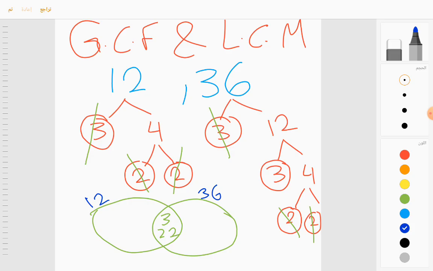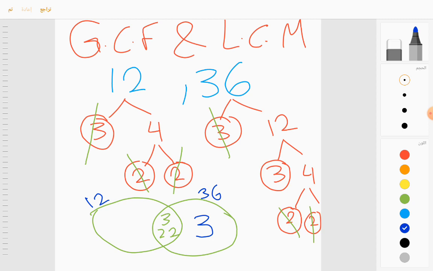Then, what is the remaining of the factors of 36? It is 3, so I put 3 outside the intersecting part. Is there anything left in 12? No, so I leave it as it is.